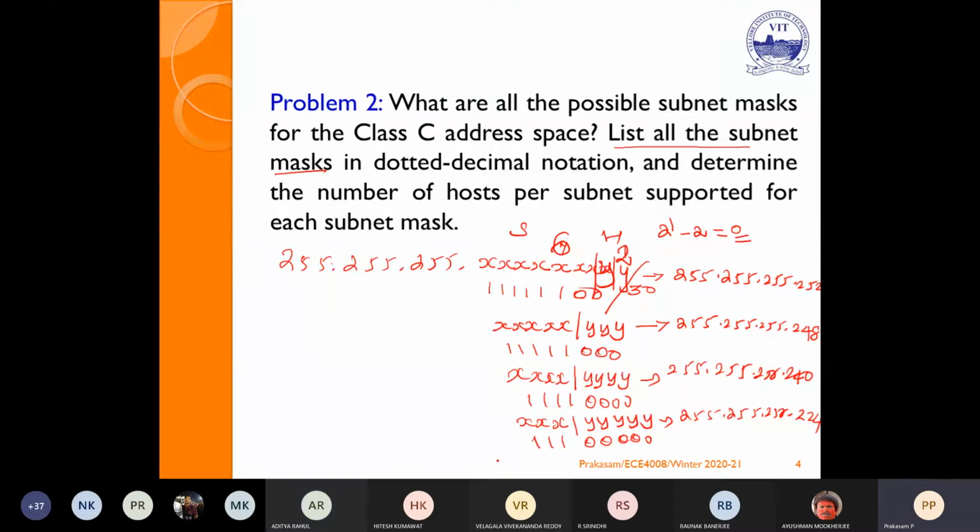So the next possible, I am allocating 2 for subnet, 6 for host. So 11000000. The equivalent is 192. So the last one, I am allocating only 1 for the subnet, remaining for the host.